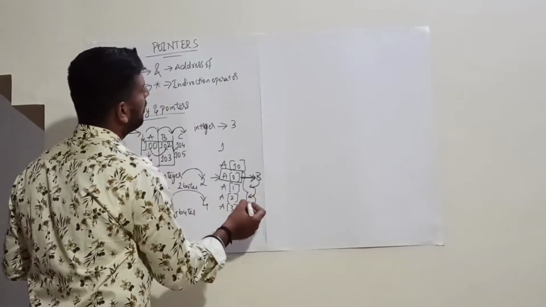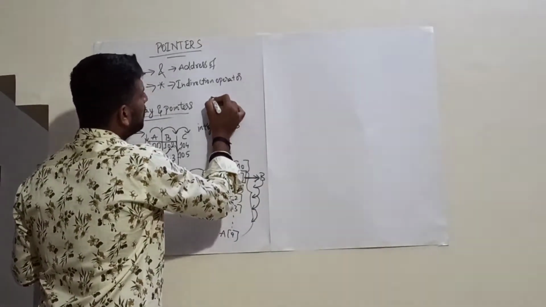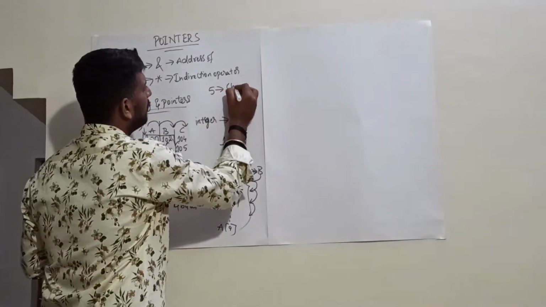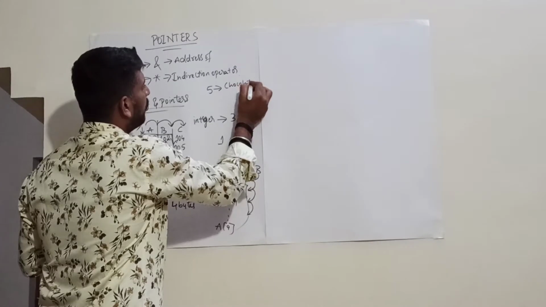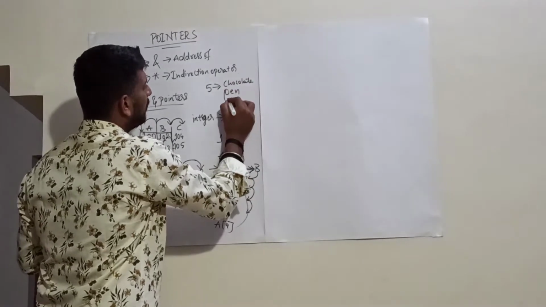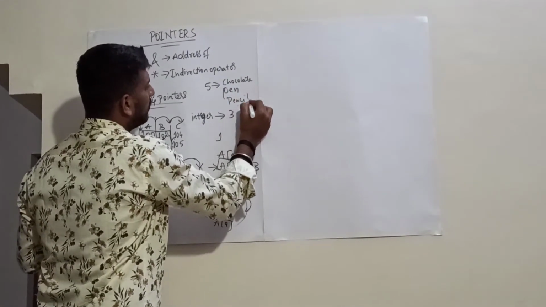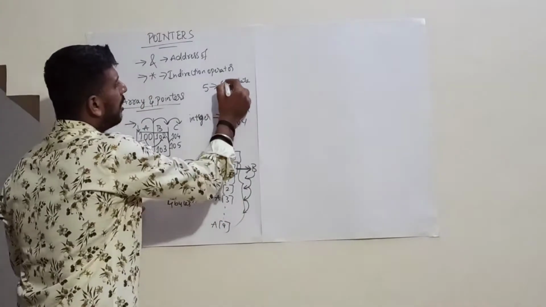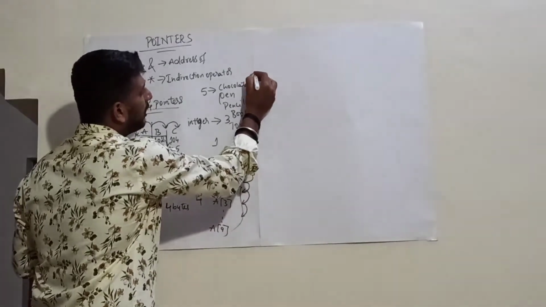Let us consider a general example. Suppose you have 5 things: 1 chocolate, 1 pen, 1 pencil, 1 book and 1 toy. All these things cost 5 rupees.